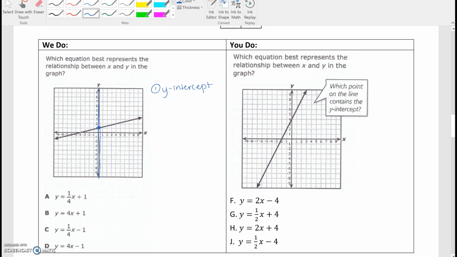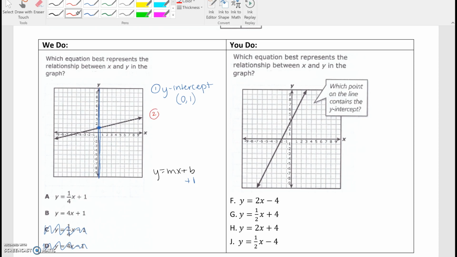It's going through at 1, right? So it's 0, 1. So if I have my equation, y equals mx plus b, I should have positive 1, okay? So I can eliminate these two options here.